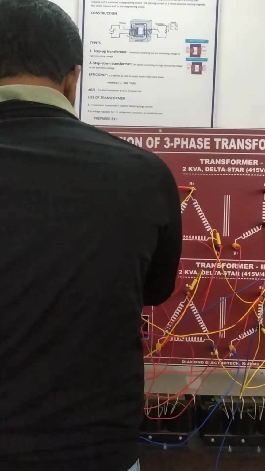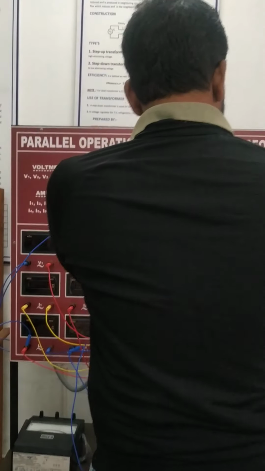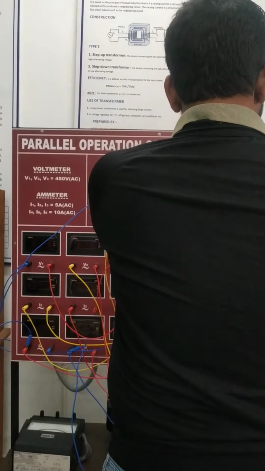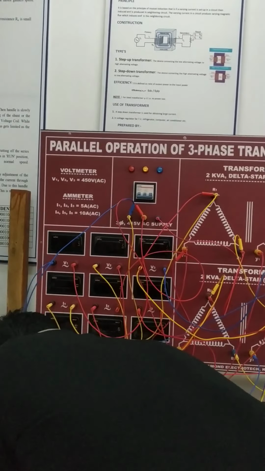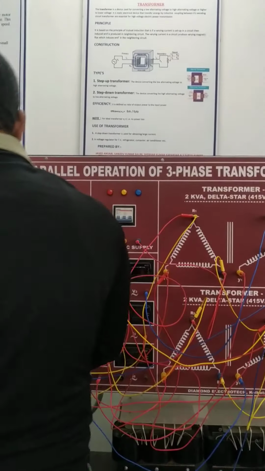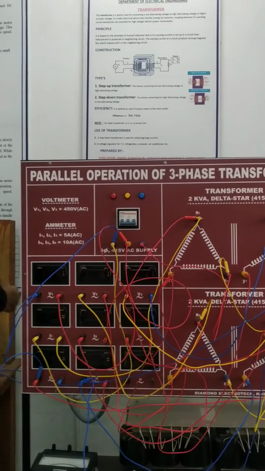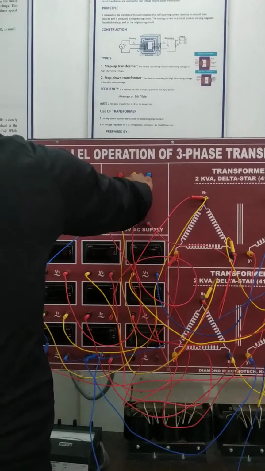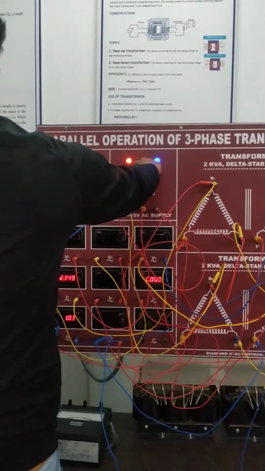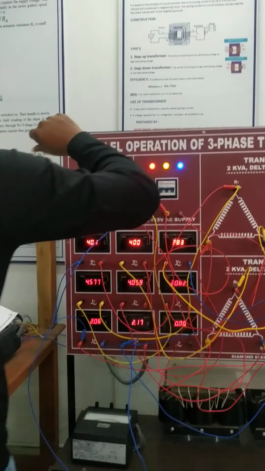So the primary winding of transformer 1 is in delta connection and the primary winding of transformer 2 is also in delta connection, and the secondary side of transformer 1 is in star. So you will find the supply given to the panel.